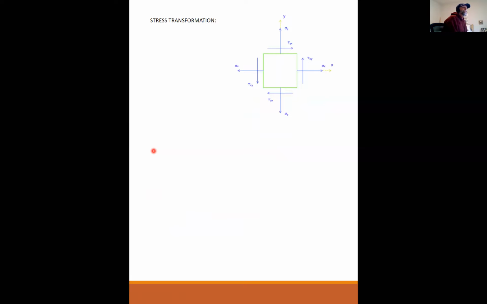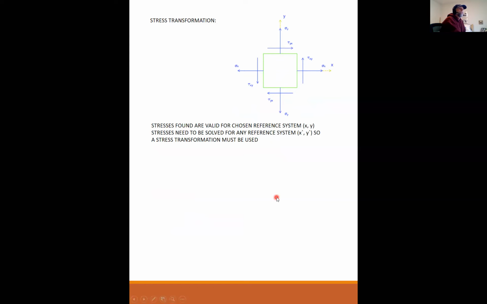Okay, so stress transformation. What this means is we may know what the stresses are in the xy coordinate system. But what we need to be able to do is, if I rotate this coordinate system to any angle above or below the x-axis, then this whole unit is going to rotate.